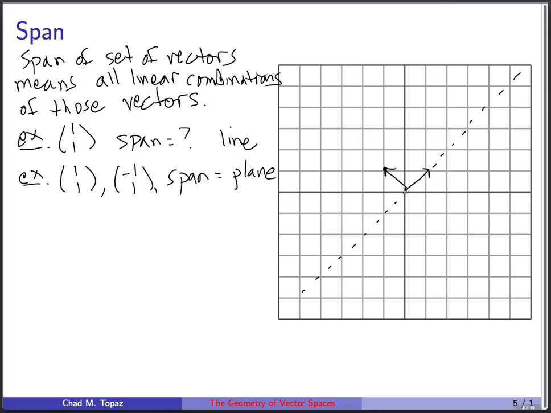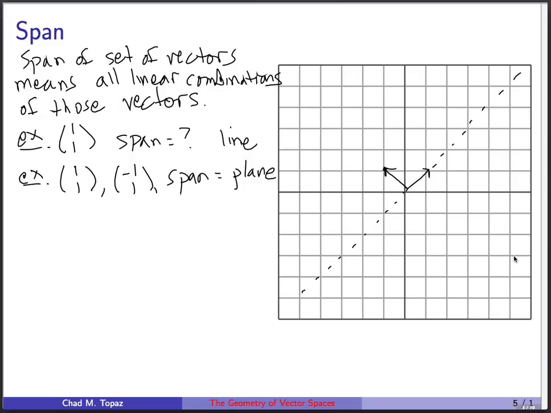If you have this vector and this vector, you can actually reach any location. It's kind of like saying, if you're walking in a big field and you're allowed to walk in this northeast-southwest direction and in this northwest-southeast direction, can you get anywhere? And the answer is yes.